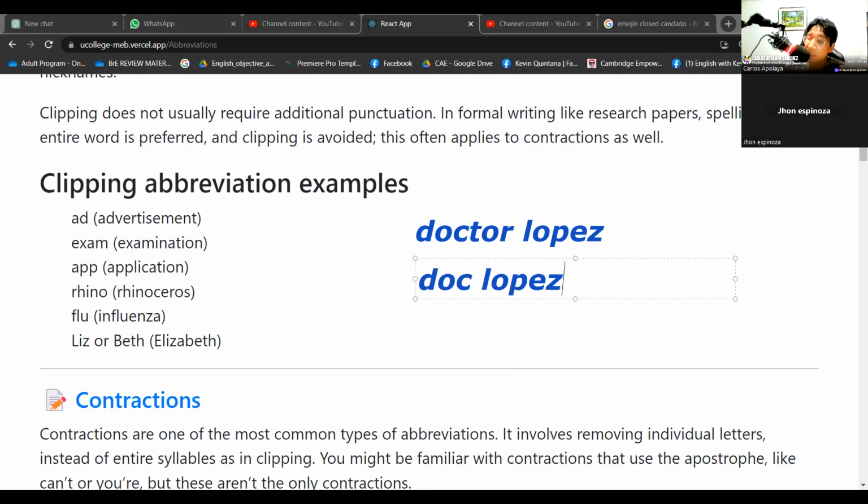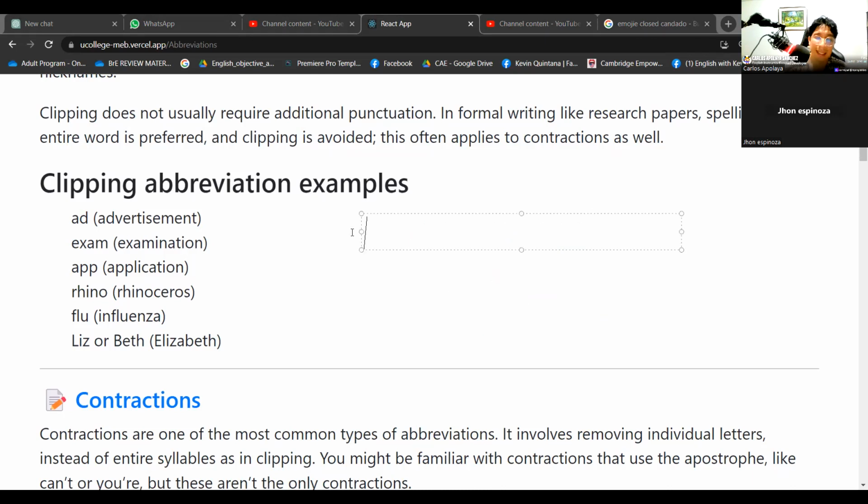This is clipping. Sometimes when you want to contract the word, you say Dr., and this means doctor. You see? This is abbreviation. For example, we have the word Mr. It comes from Mister. This is abbreviation.